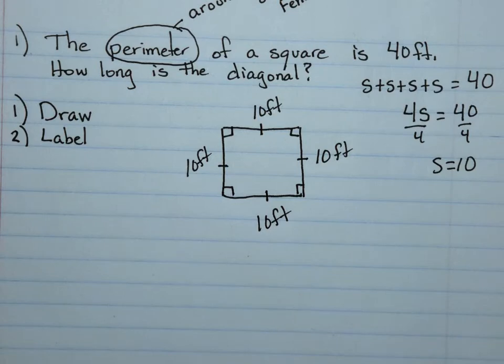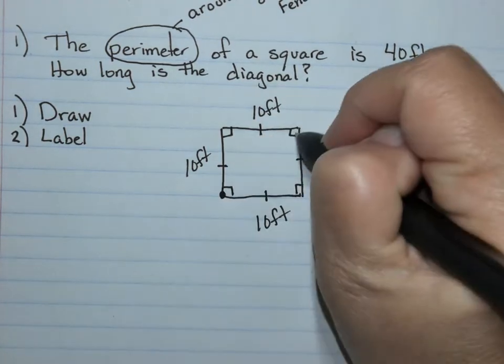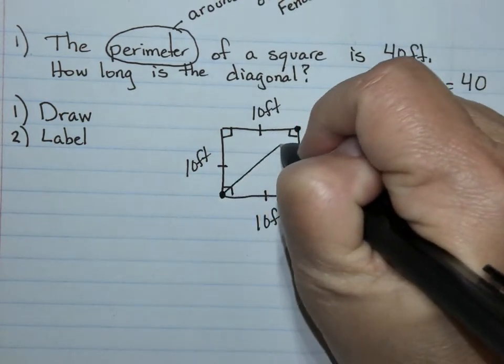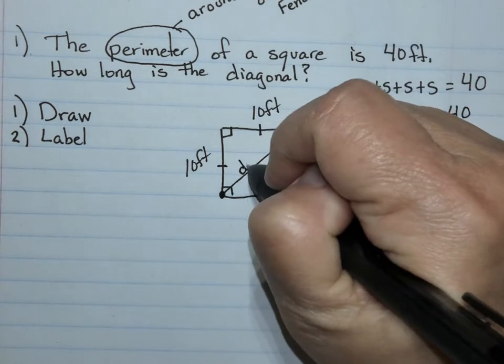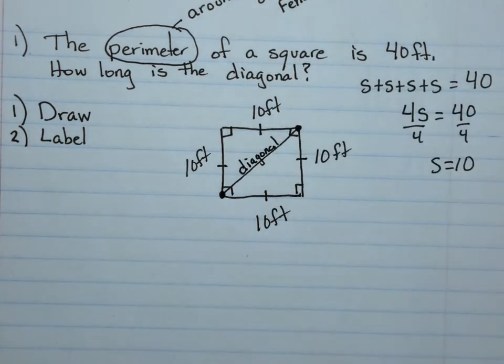But now we are looking for the diagonal. So we need to come draw the diagonal. The diagonal goes from vertex to vertex like this. So this is my diagonal. And in a square, the diagonal does something special to the angles. So this was back when we studied our quadrilaterals and we had our green property sheet.